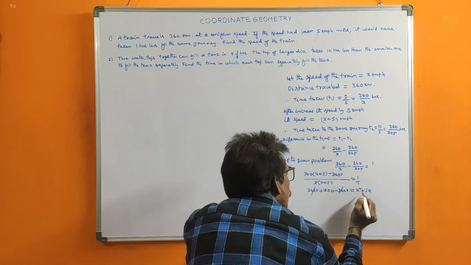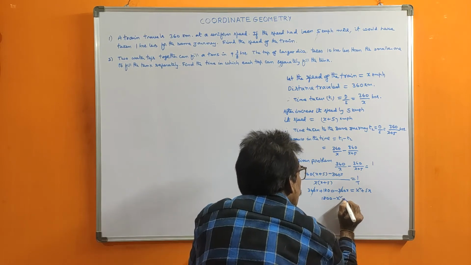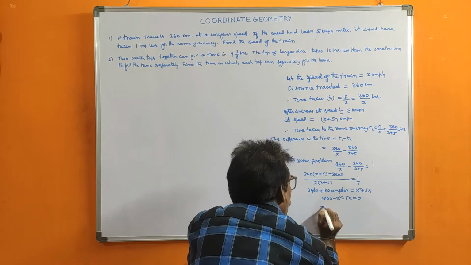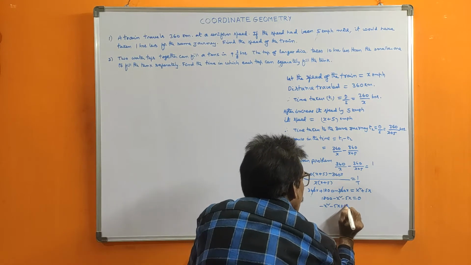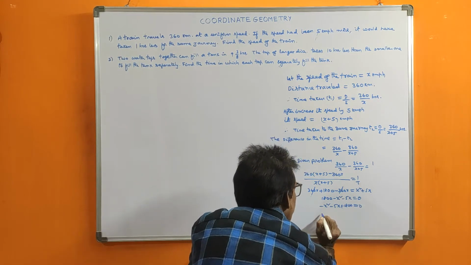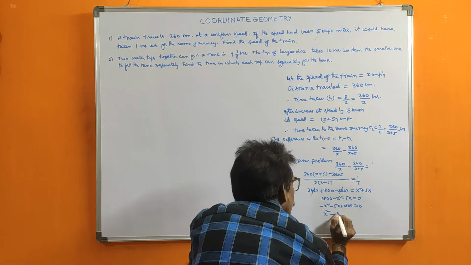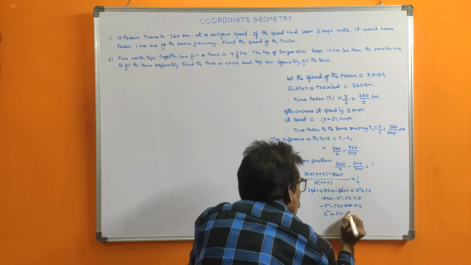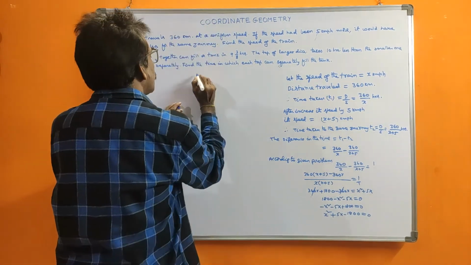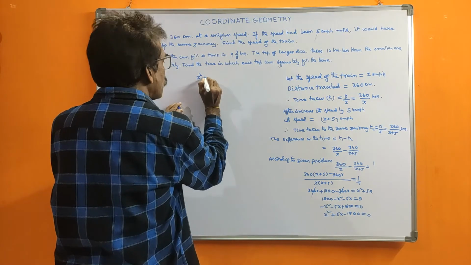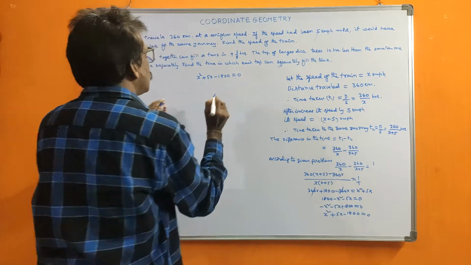So only 1800 minus x square minus 5x is equal to 0. Minus x square minus 5x plus 1800 is equal to 0. Finally, multiplying by minus, x square plus 5x minus 1800 is equal to 0. The equation is x square plus 5x minus 1800 is equal to 0.